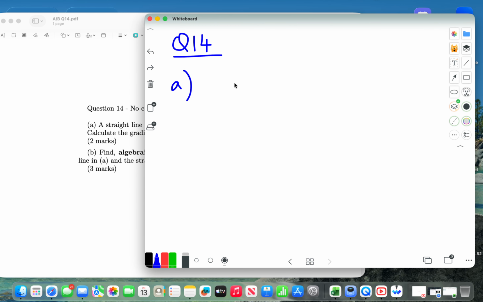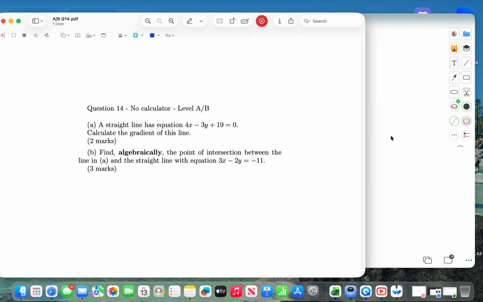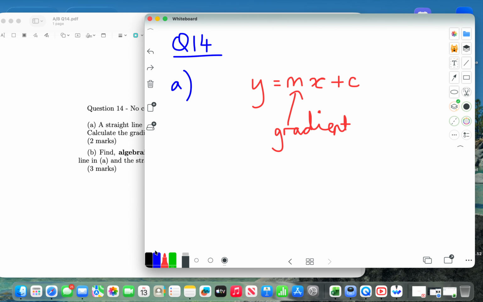So we want this in the form of y equals mx plus c, and this m gives us the gradient. So we have to get it into this form.